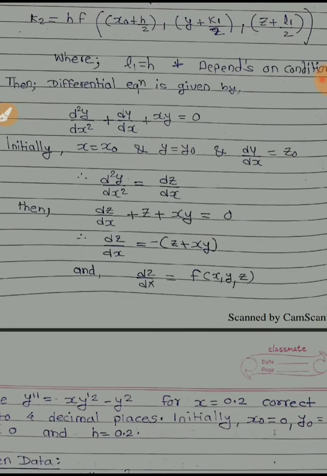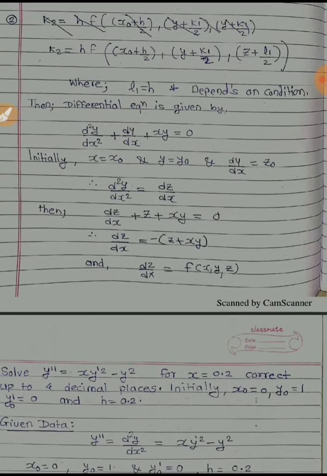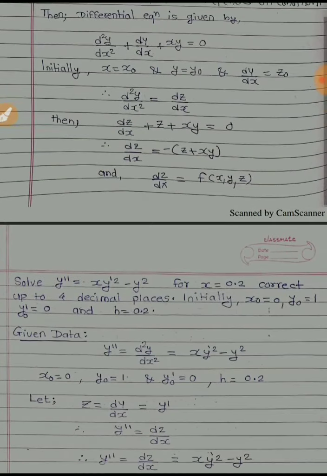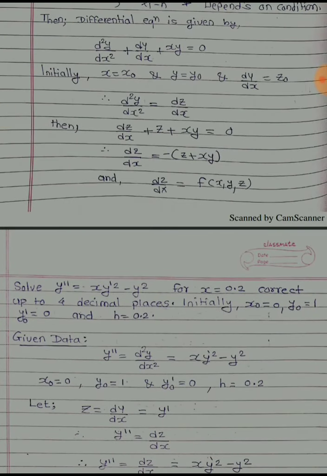If you have understood that, then the next part is to calculate the value of k2. So k2 is given by h into f of x0 plus h by 2, comma y0 plus k1 by 2, comma z plus l1 by 2.